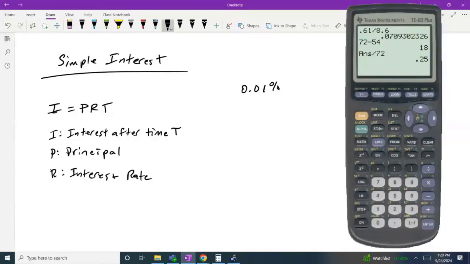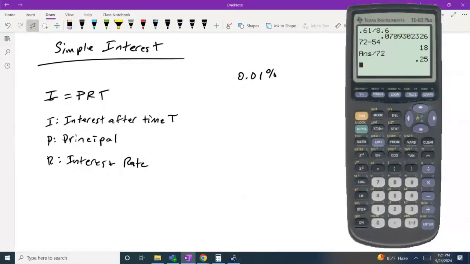If you change 0.01% to a decimal, that's a really small number, right? Because you have to move that decimal 2 places to the left. So that's the interest rate usually set by the bank.